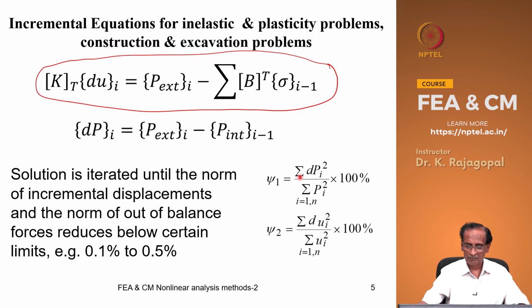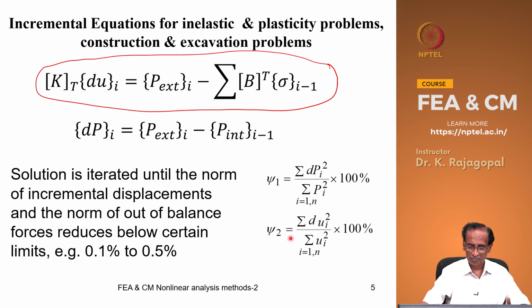And what if we do not apply any force? See, the right hand side Pi is 0 when you do not apply any force, say in a displacement control analysis. In that case we just take it as some value 1, so that your denominator is not 0.